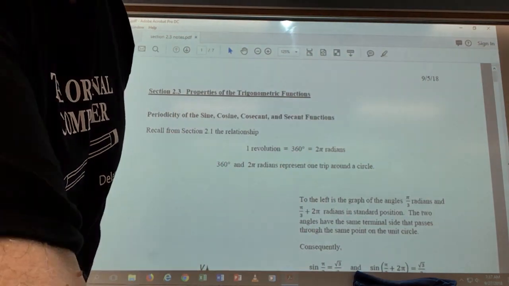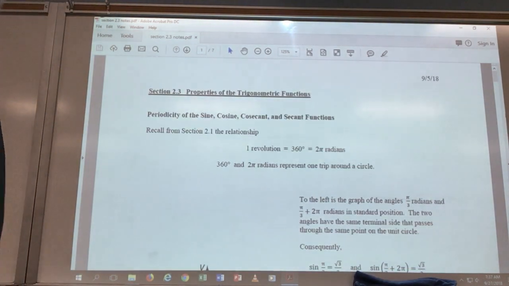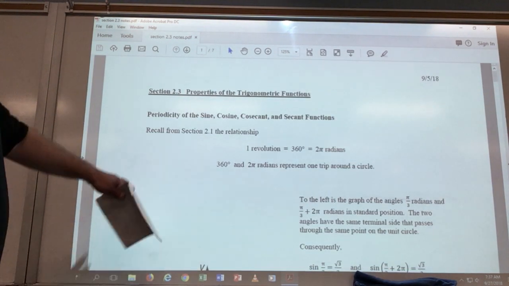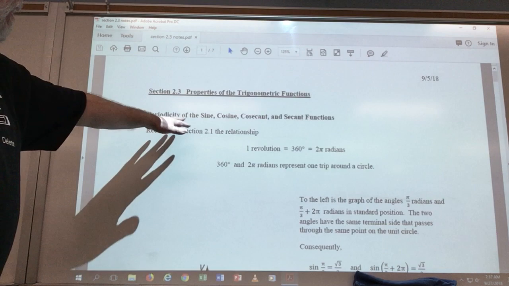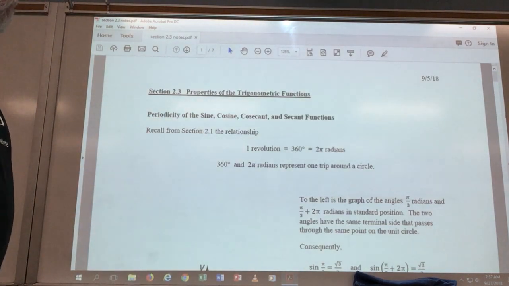So on the whiteboard, I have page 1 of the section 2.3 notes, and the blank copy of these notes is posted on Moodle. The first thing we're going to be talking about is the periodicity of the sine, cosine, cosecant, and secant functions.